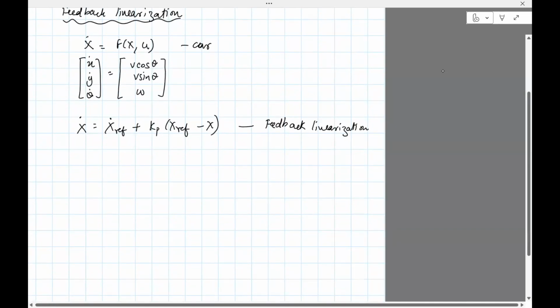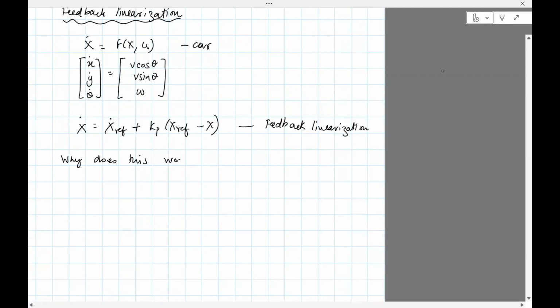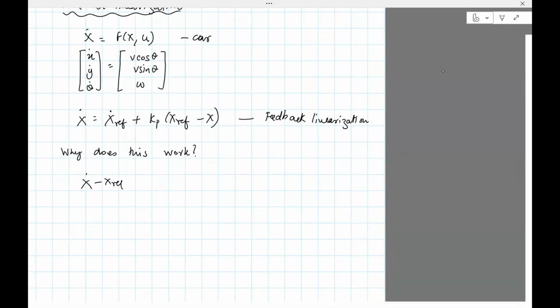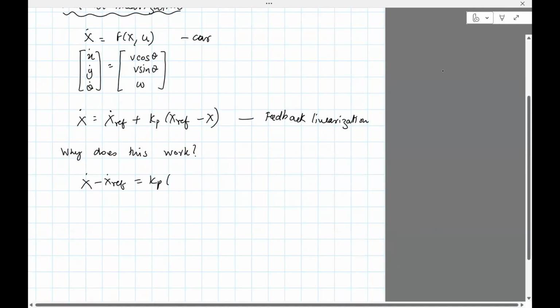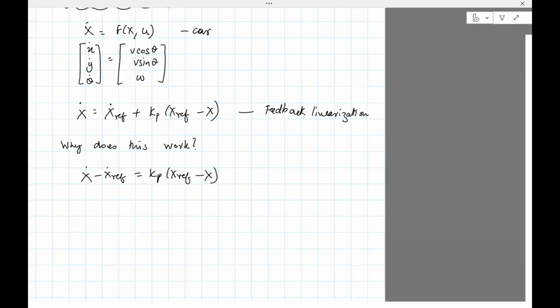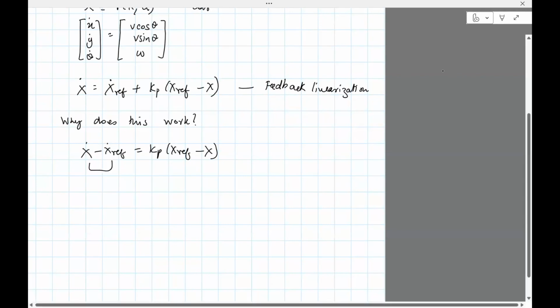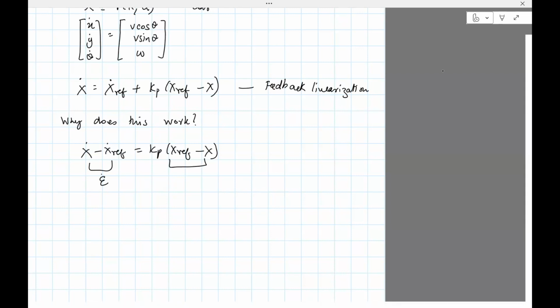So why does this work? We have x dot minus x dot ref equals kp times the error. Let's call this error epsilon.